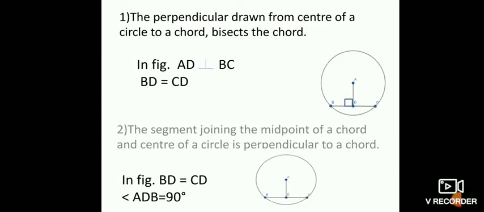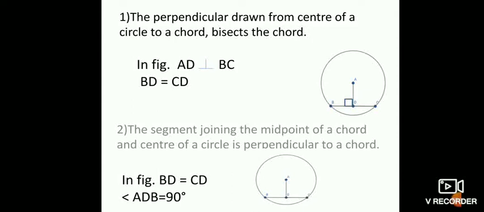Now we can see another property regarding the chord. The perpendicular drawn from the center of a circle to a chord bisects the chord. It means we can draw the perpendicular from the center of the circle on a chord, and it divides the chord into two equal parts.